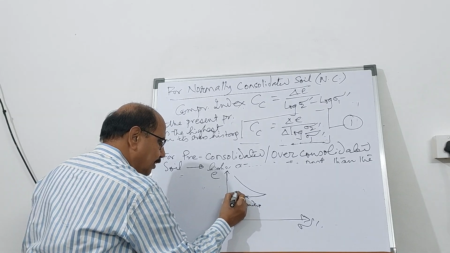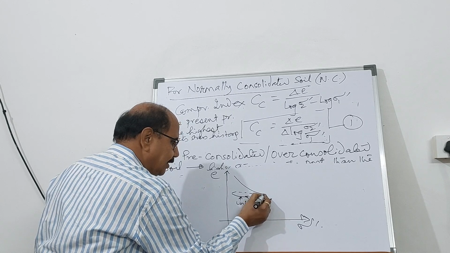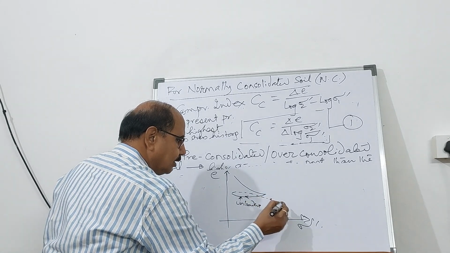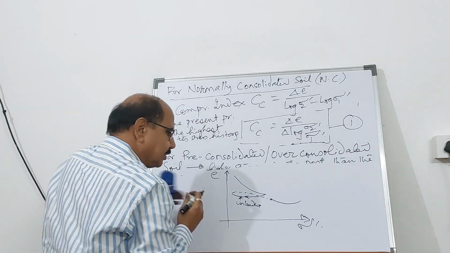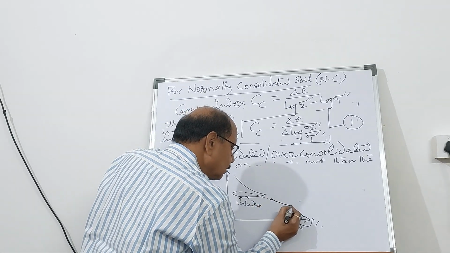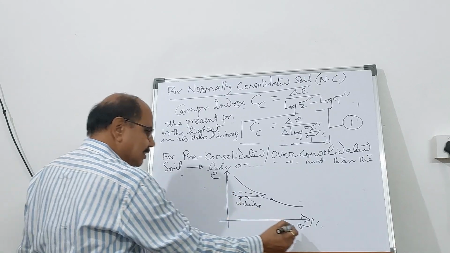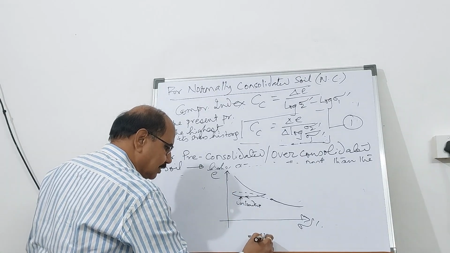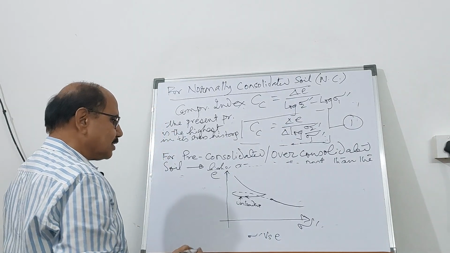Now, if you reload it, it will come to this point, and then further it increases, further it goes like this, isn't it? So e versus sigma prime, or sigma prime versus e, is going to be like this.